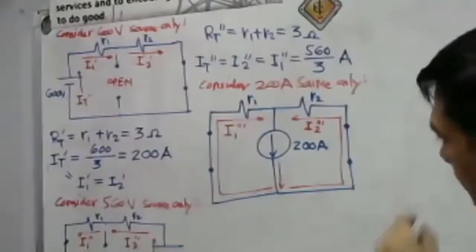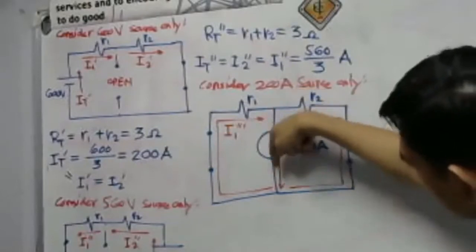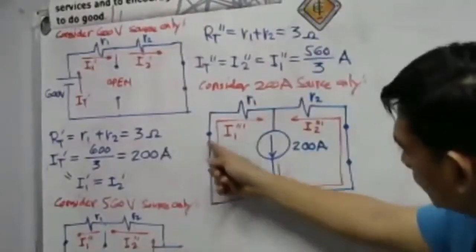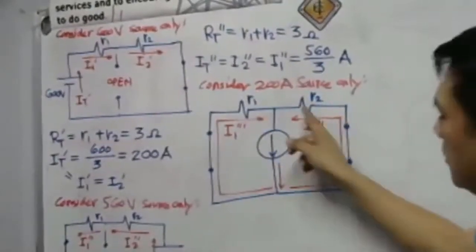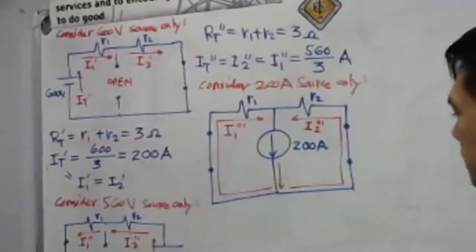What about this one? The 200 ampere current source will divide into I1 triple prime and I3 triple prime. Remember, it is downward.